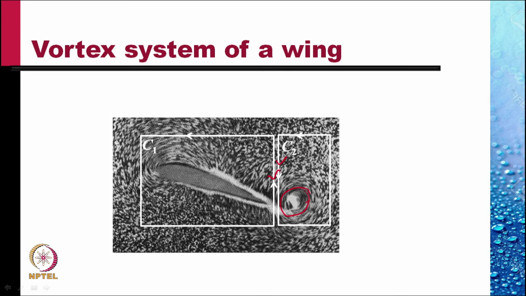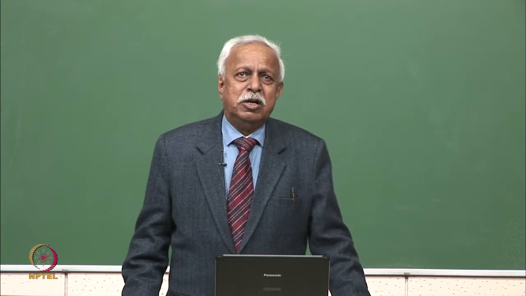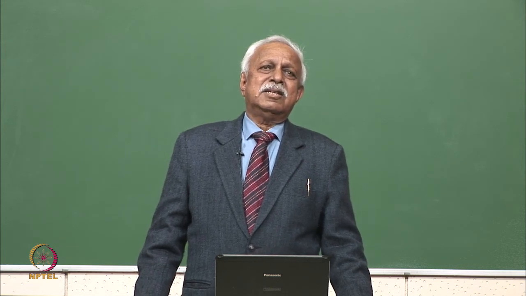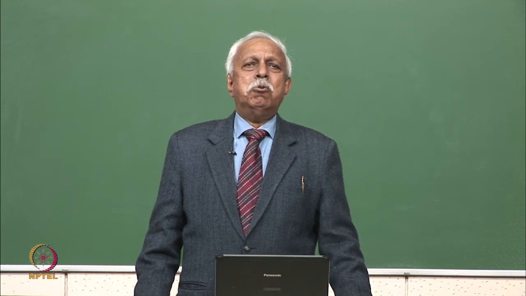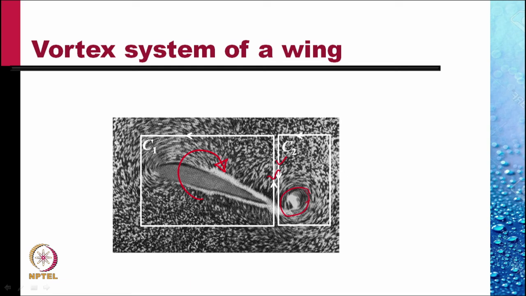So there is a positive C2. Now, about the circuit C1, then there should be an equal and opposite circulation because the net circulation must still be zero. This circulation is due to what is termed as the bound vortex with the wing. So the wing has a circulation going clockwise. This is the bound vortex, which is one arm of the closed vortex circuit behind an aircraft wing.